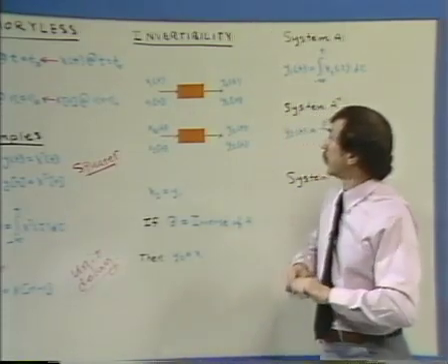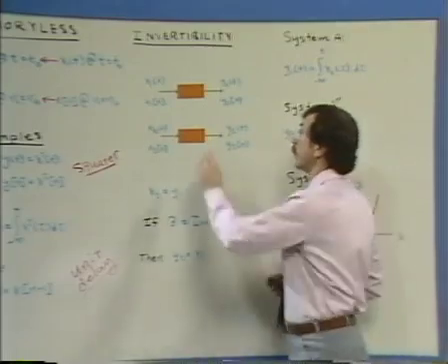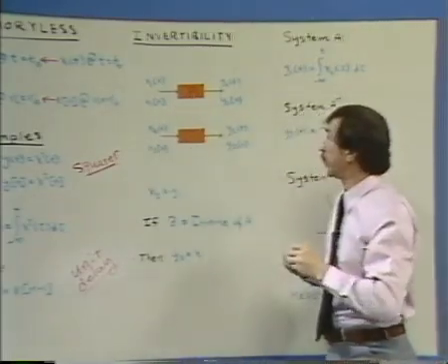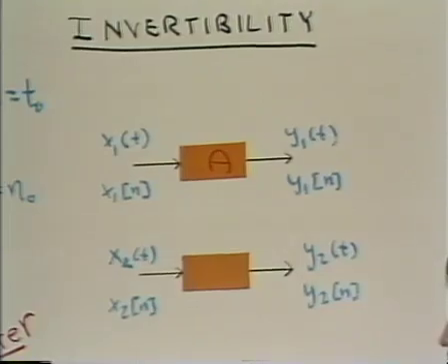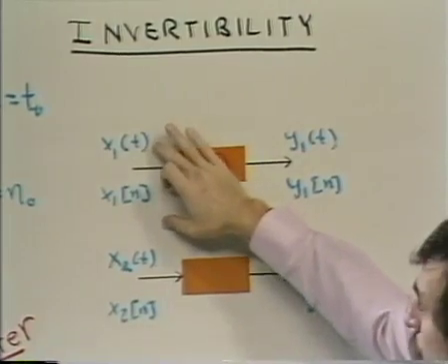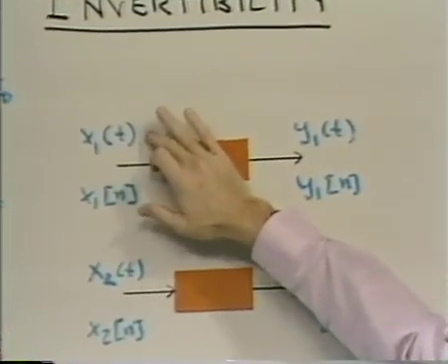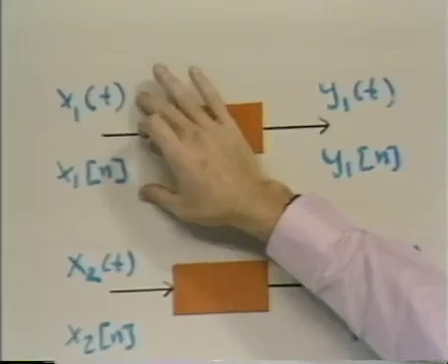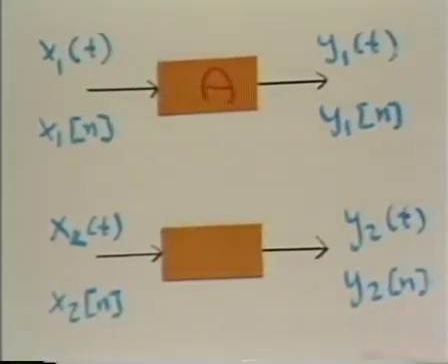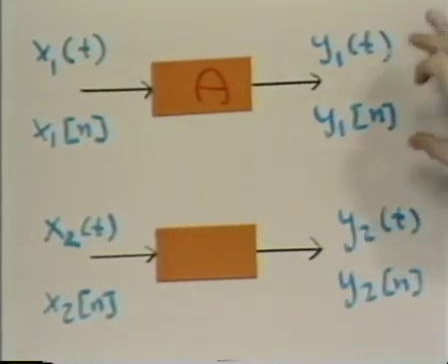So let's consider a system, and here is a system which I refer to as system A, and this could be continuous time or discrete time. It has an input, x1 of t or n, depending on whether it's continuous time or discrete time that we're talking about, and an associated output.